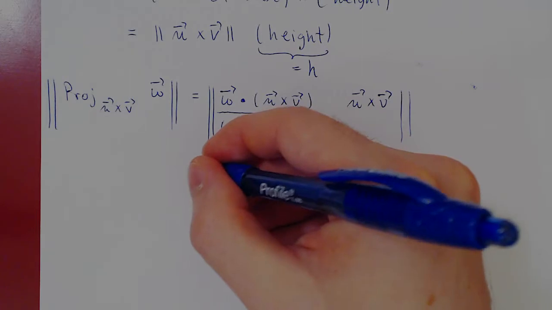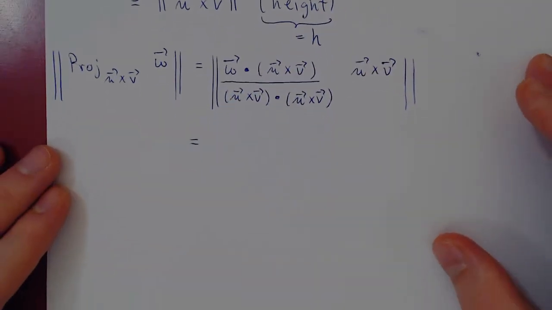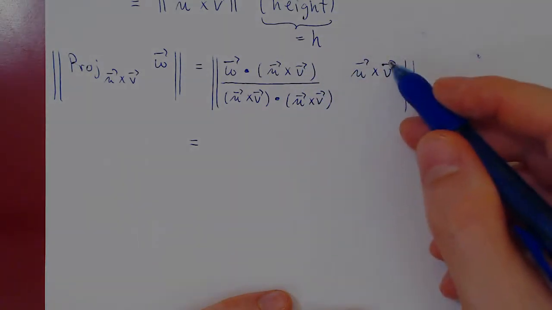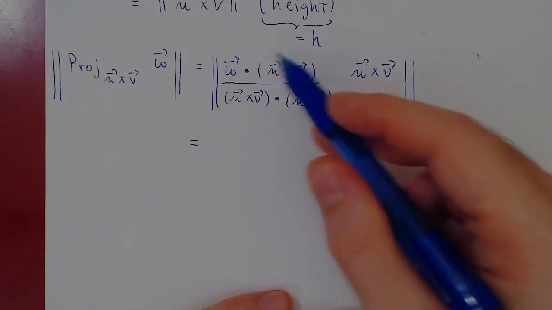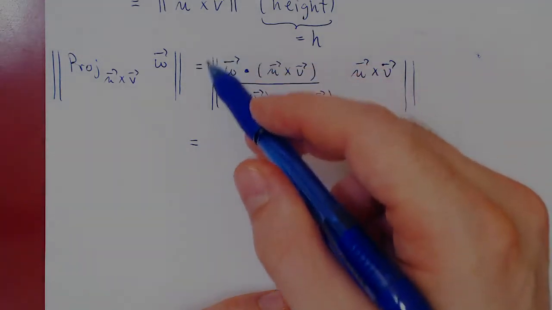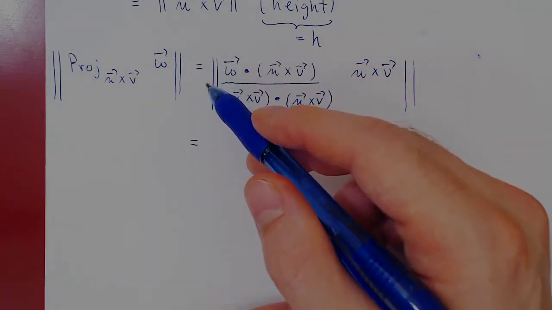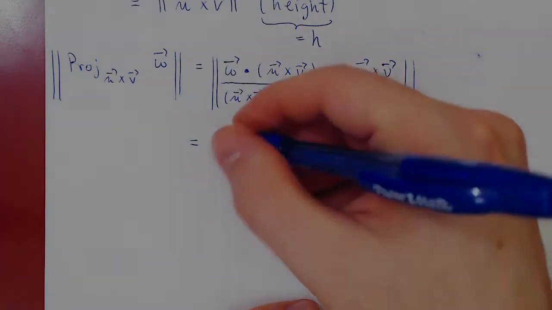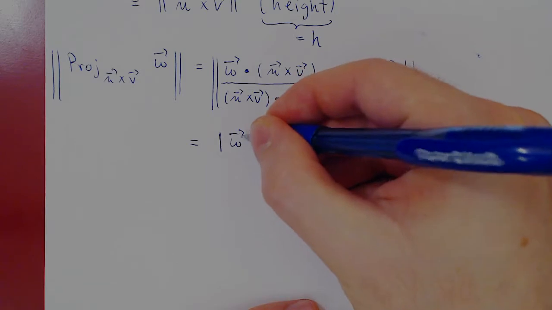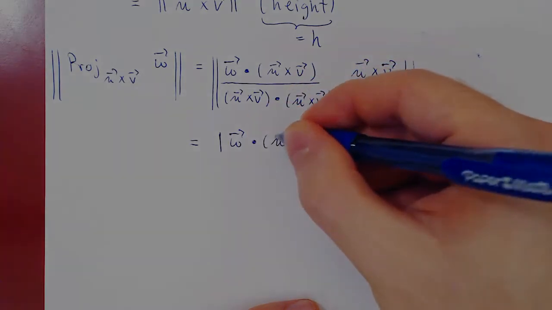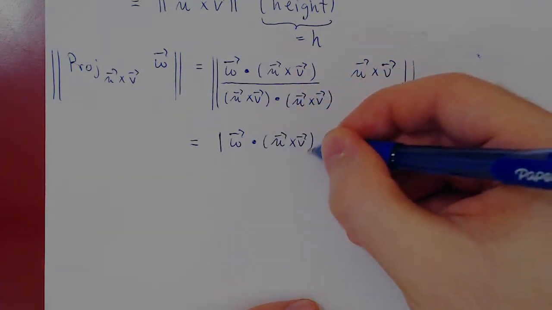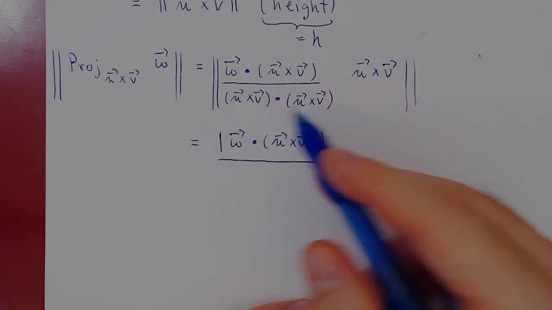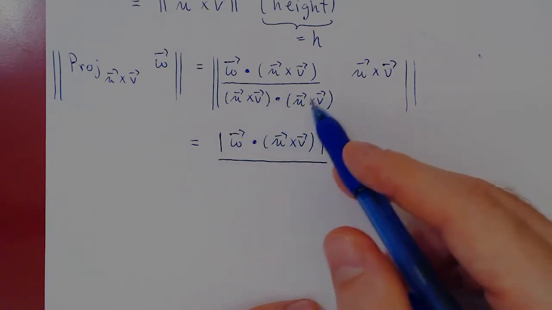Well, we can simplify quite a bit because this is just one big scalar multiple of this vector. So we know we can move a scalar multiple outside the norm and put it in absolute value. So we'll have the absolute value of w dotted with u cross v over, and here we can drop the absolute value because we have u cross v dotted with u cross v.